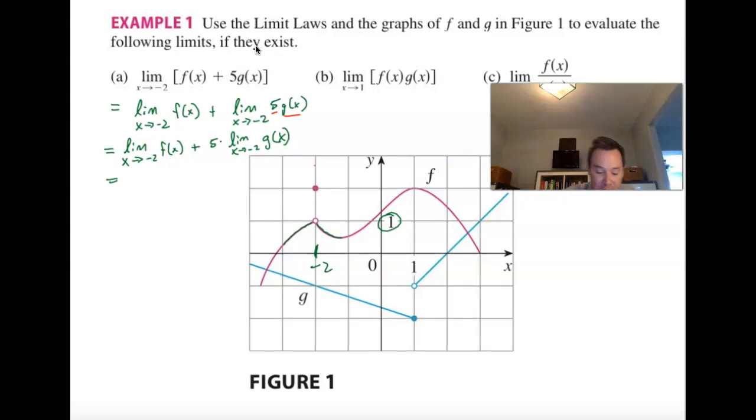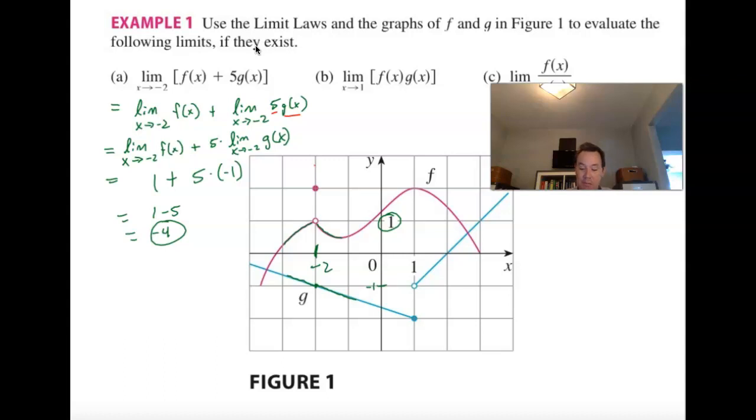So I would say that limit is 1, plus 5 times, for g, that limit exists as well, and it looks like we approach the same thing from the right and the left, and that is negative 1. So 1 plus 5 times negative 1, 1 minus 5 is negative 4 overall.